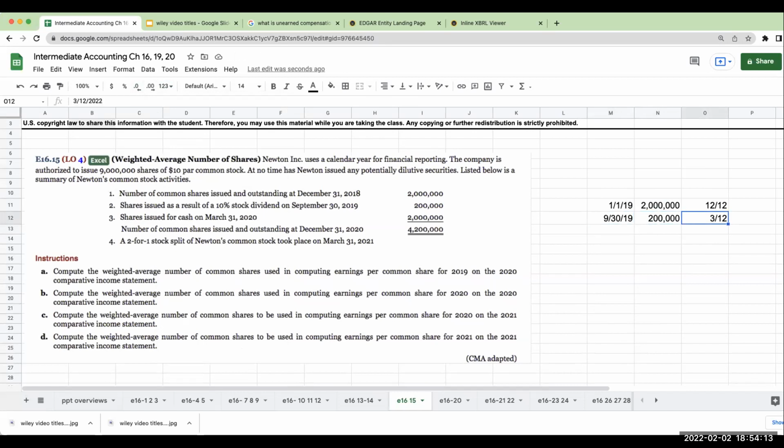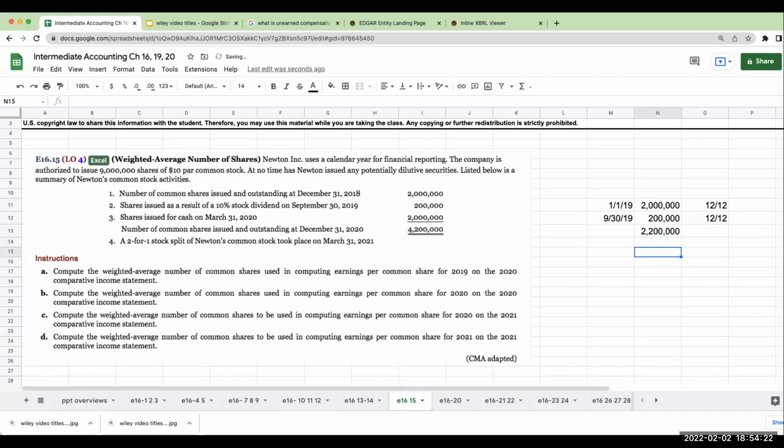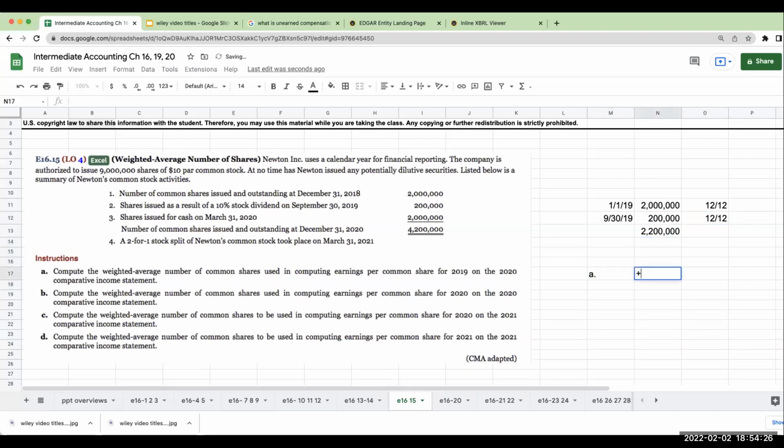But when it comes to a stock dividend or a stock split, we just ignore that. We just assume that it was done for the entire year. So the answer to A is going to be 2.2 million shares at 12/31/19.